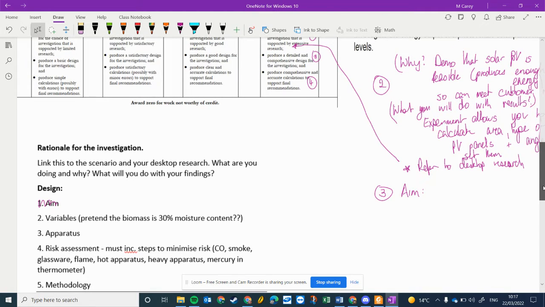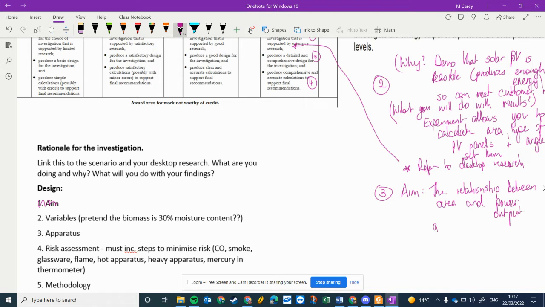So what you're trying to find out is the relationship between solar panel area and power output, at a fixed insolation level or fixed level of light.